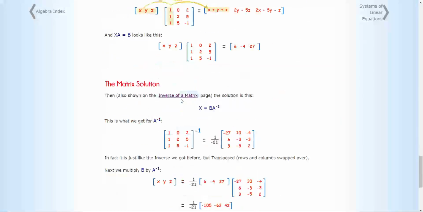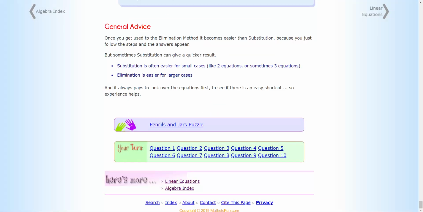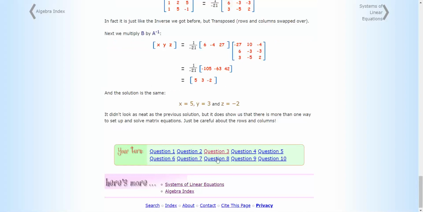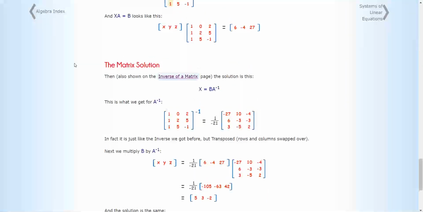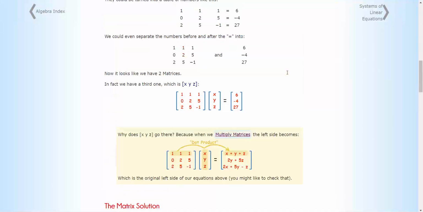Let's do it again. Yeah, I think this should be the thing we're looking for. I'm not sure if it's the linear system, linear equations, matrices, system of linear equations.